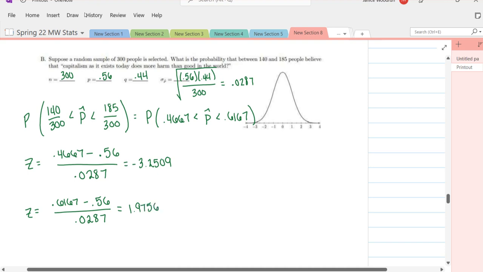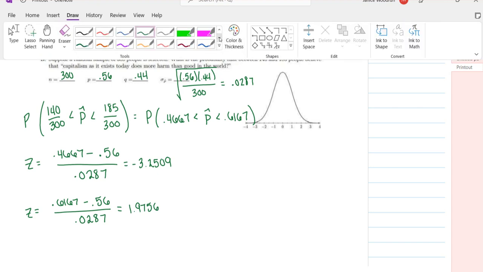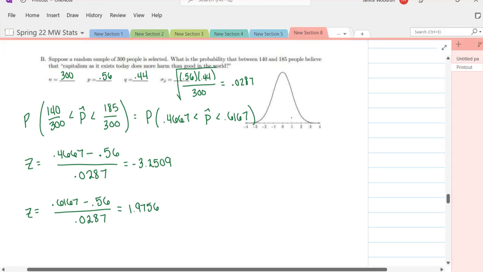Okay, now we will take those values. We're going to go over to our normal curve here, and we want between negative 3.25, so about right here, and 1.97, so almost at 2, right here.